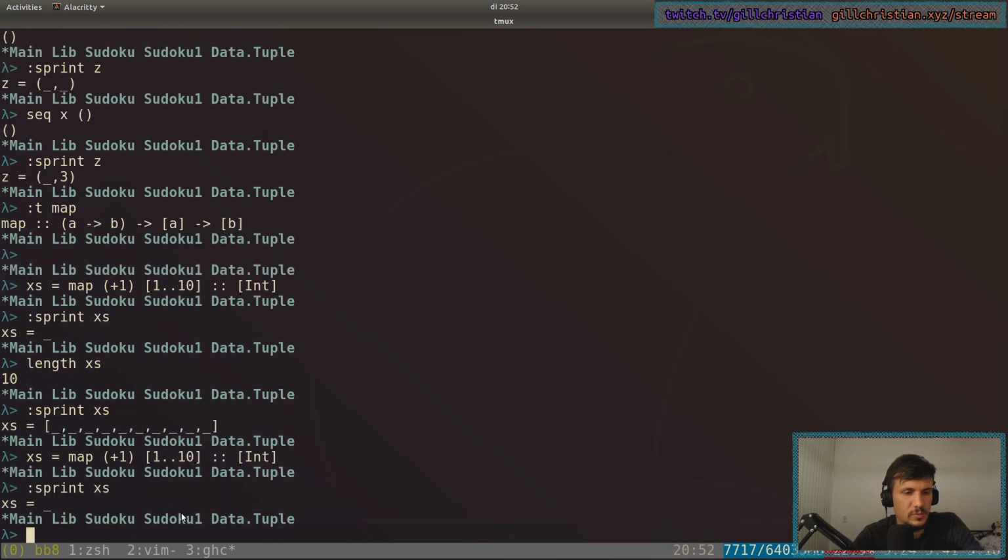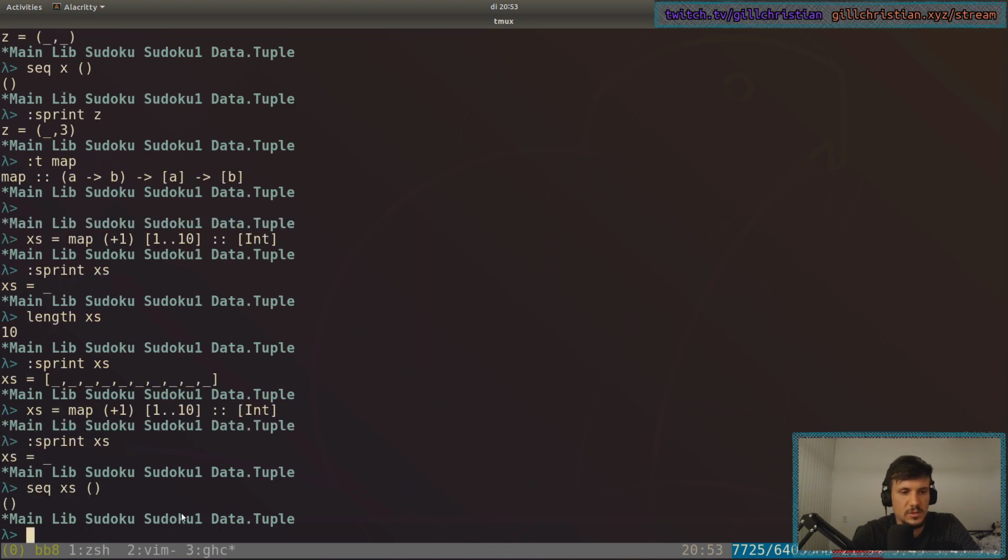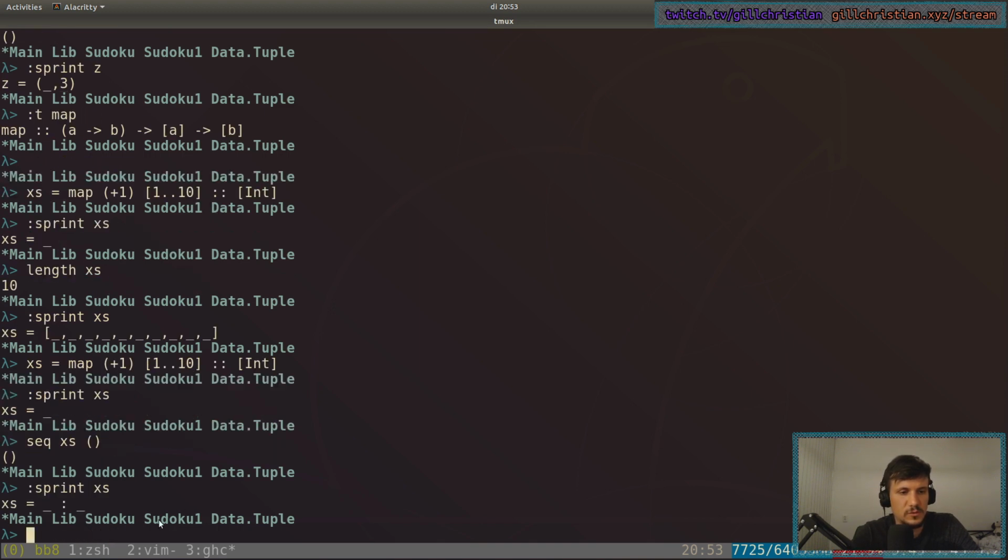Now print what is evaluated and use the tag here of the list. So this is an interesting one. So it gets evaluated the head and the rest, because the structure is evaluated too.